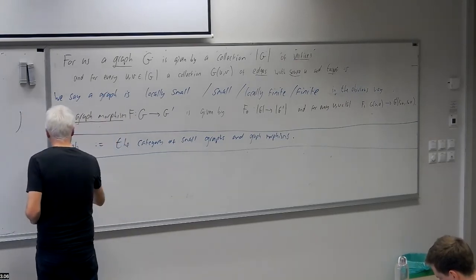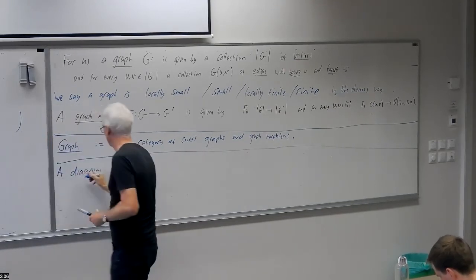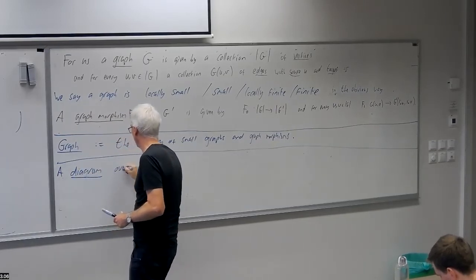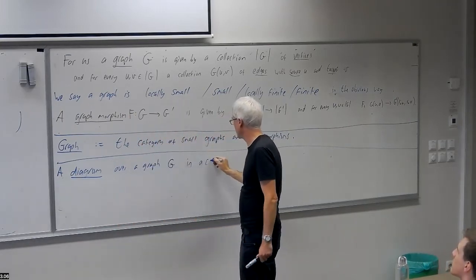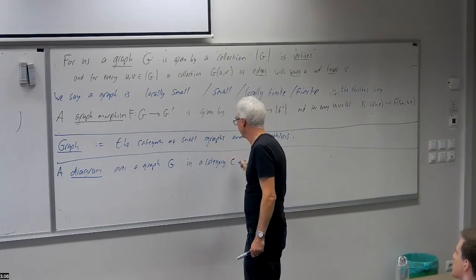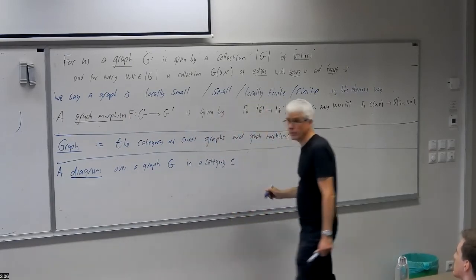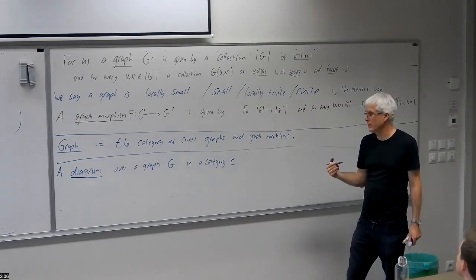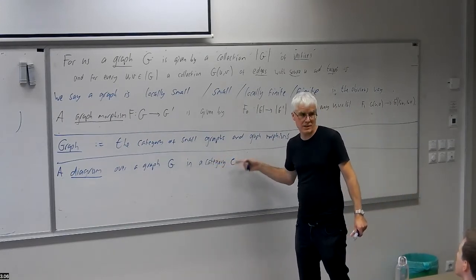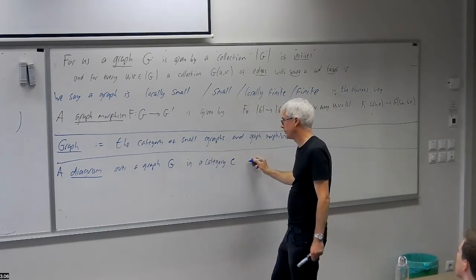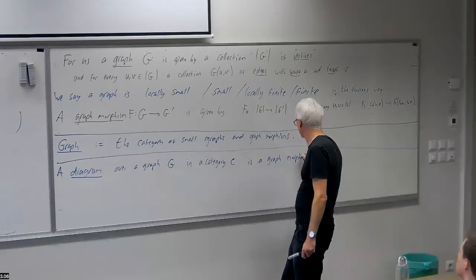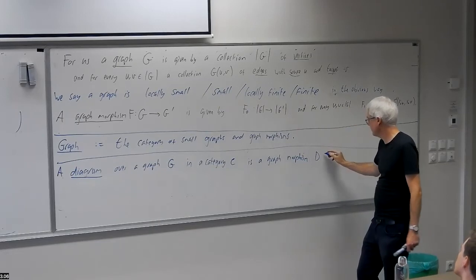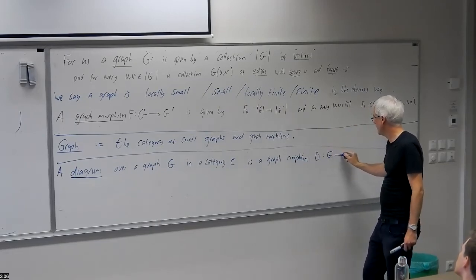So a diagram over a graph G in a category C is simply a graph morphism from G to C. C is a graph because it's a category. So we'll just write D for the diagram from G to C.